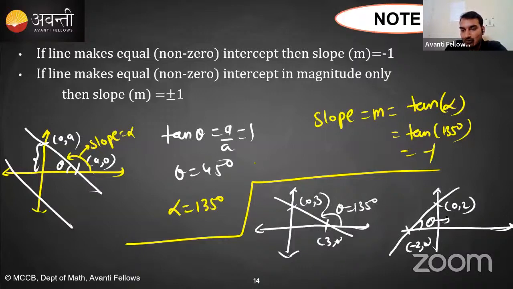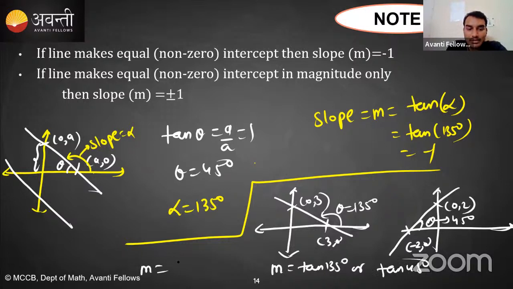Tan theta is 2 by 2, which is 45 degree. So what can the slope be? The slope will be either tan 135 or tan 45 degree. Means slope is either 1 or -1. Clear? So if line is making equal intercept in magnitude, then slope would be either +1 or -1.